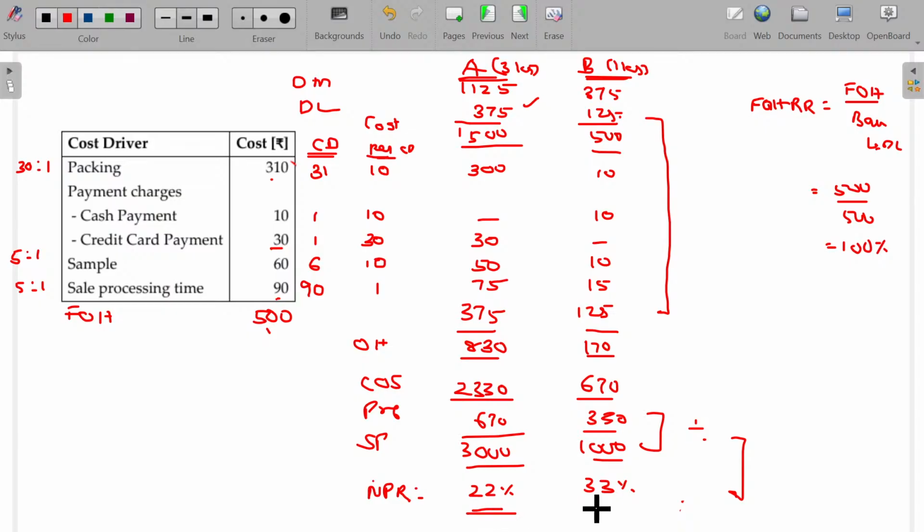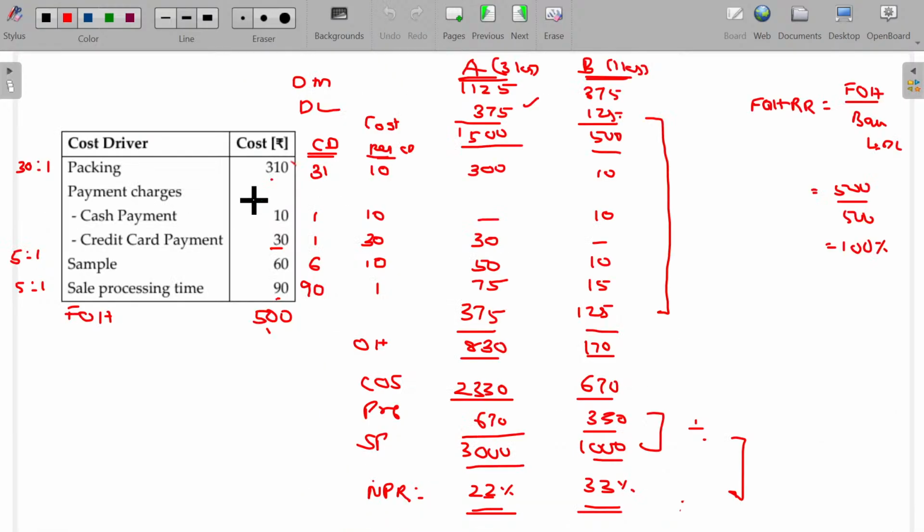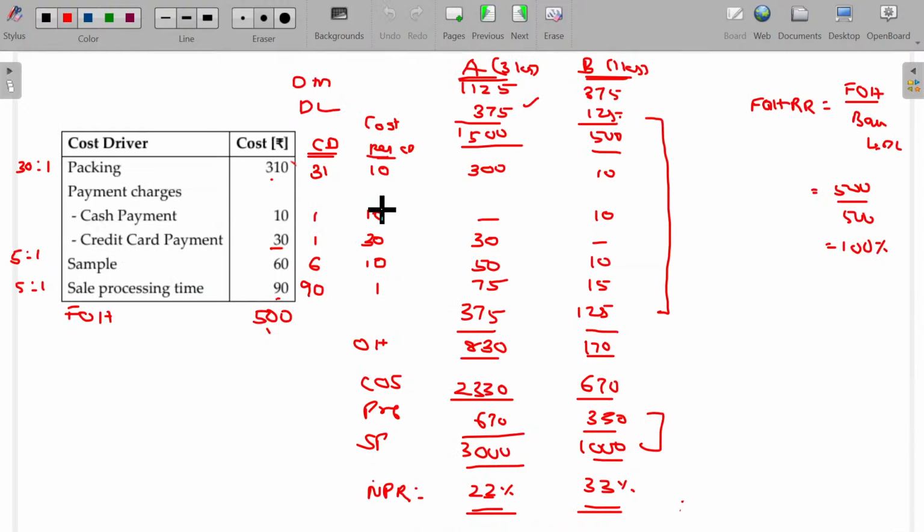Clear? 22% and 33%. Is that clear? We thought we get around 25% on sales. But what happens here?